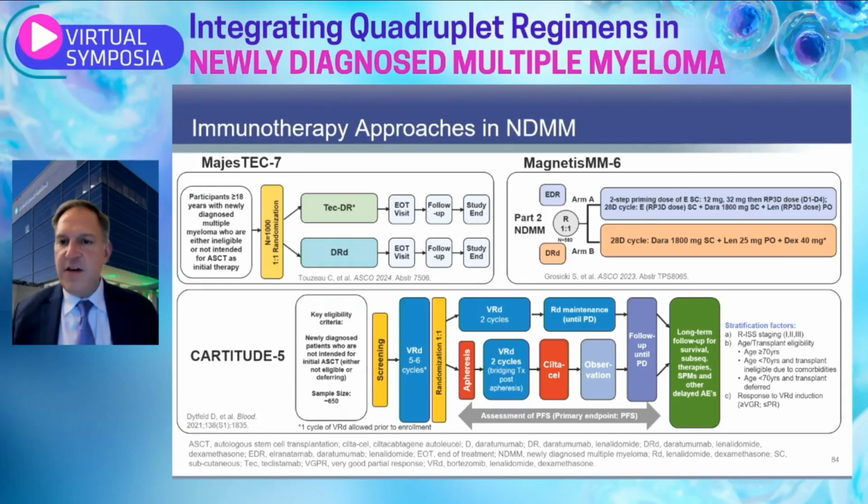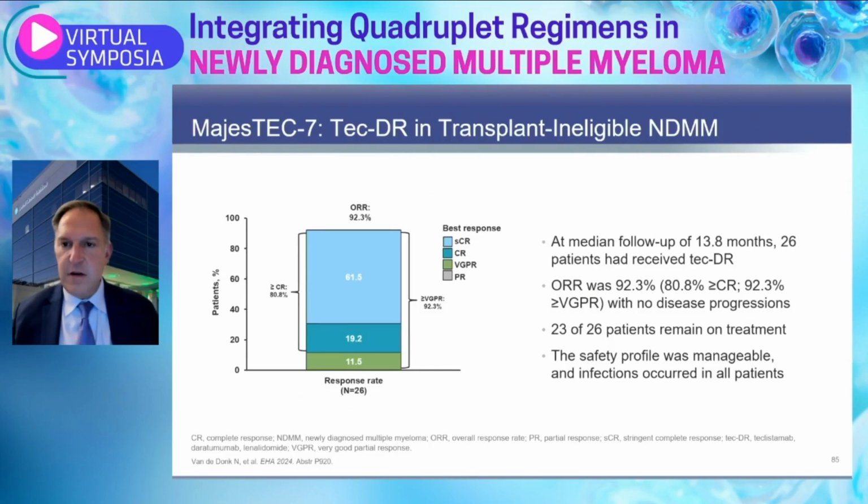And then CARTITUDE-5 is a study that's looking at induction therapy with VRD, followed by consolidation therapy with cilta-cel, CAR T-cell therapy, and then maintenance therapy. So these studies will establish whether adding either the BCMA bispecific into the backbone or consolidating with BCMA-directed CAR T-cell therapy with cilta-cel is effective and safe in this patient population.